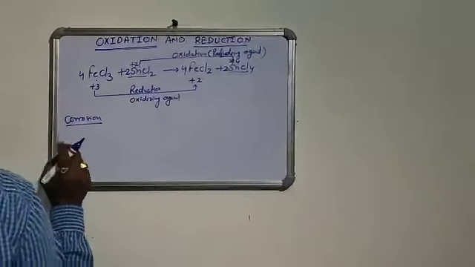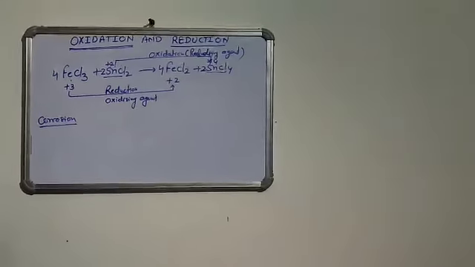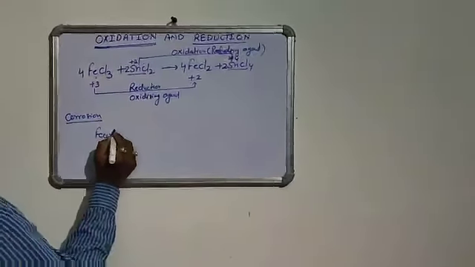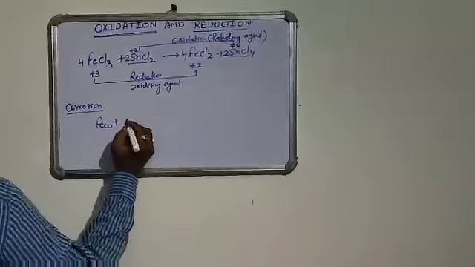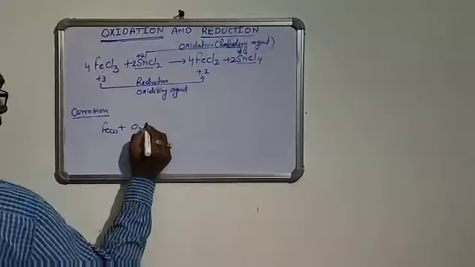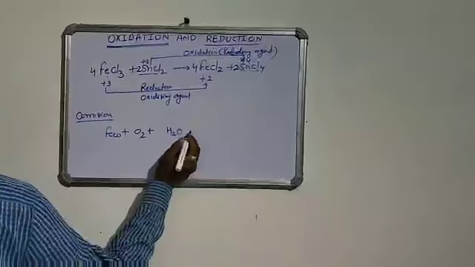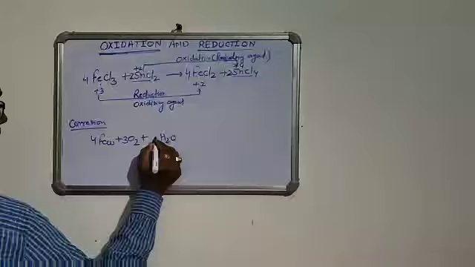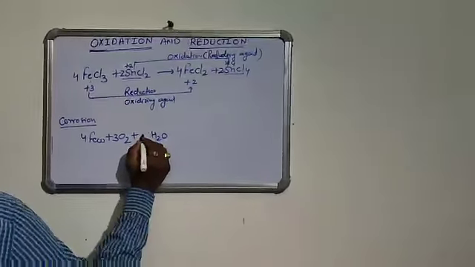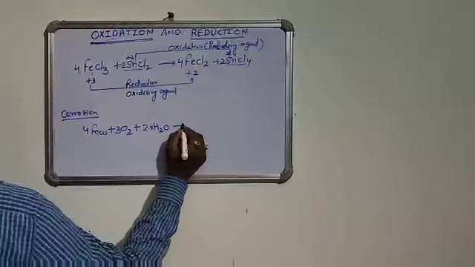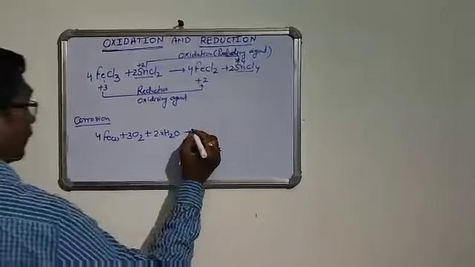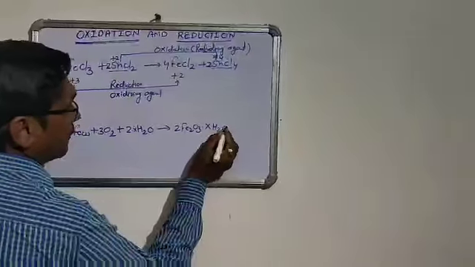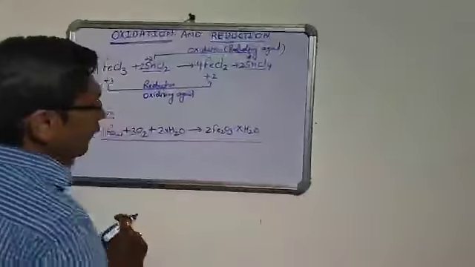The chemical reaction of corrosion is Fe solid reacts with O2 in the presence of water. It gives, balance it, 4Fe plus 3O2 plus xH2O converted into 2Fe2O3.xH2O. This is the corrosion process.